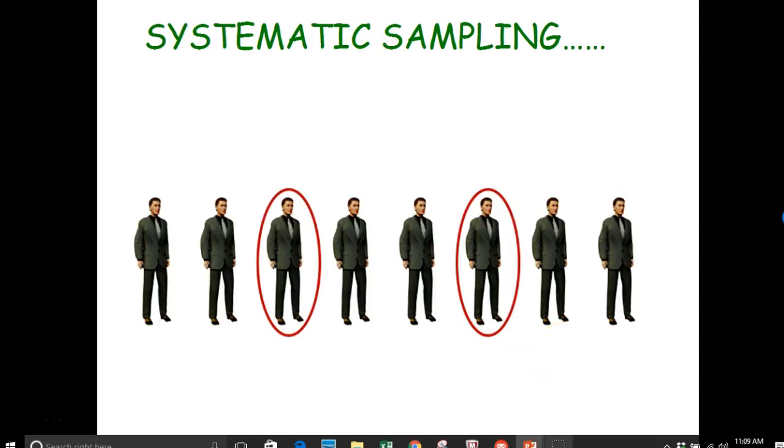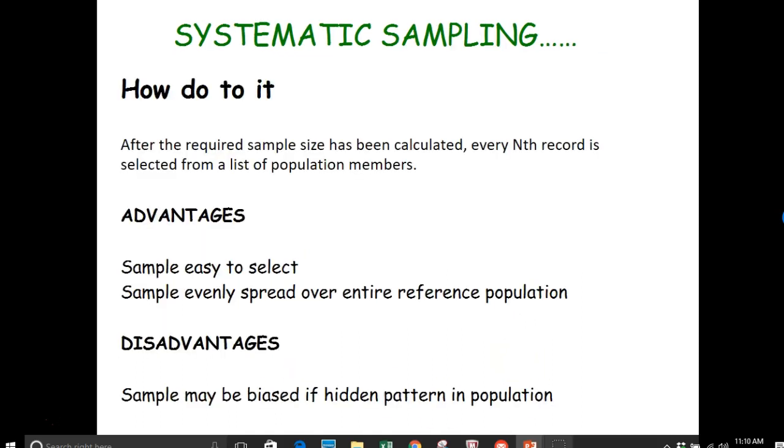The other type that is a little easier to do is called systematic sampling. Simple systematic sampling would be that you'd say, like, ask every third person who walks through the door. Or if you had a list of names, you would just choose every third person on that list. You'd come up with some kind of system. How to do it? Basically, once you've got everybody, you choose the nth record or the nth person.